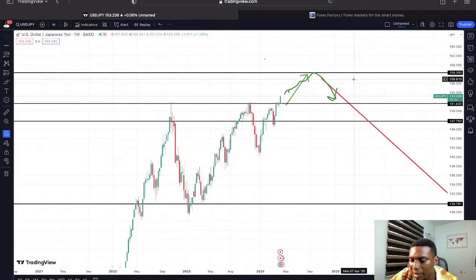Good. So that is our outlook on USD JPY.